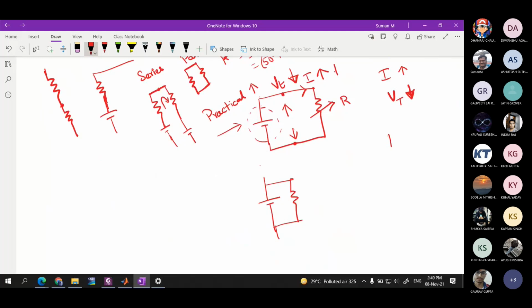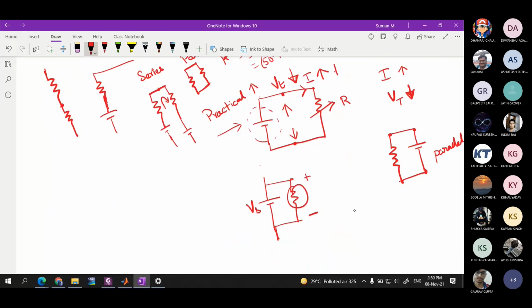Now only I told that if you are having two elements, and if you are connecting both the terminals of these elements like this, then this is a parallel connection. So here both the elements are in parallel now. Whatever the voltage across this voltage source, that will be appearing across this parallel element.